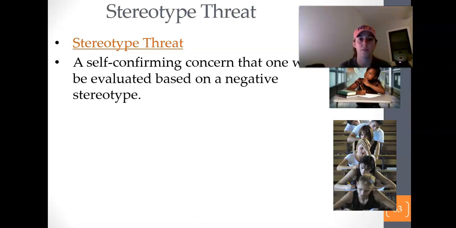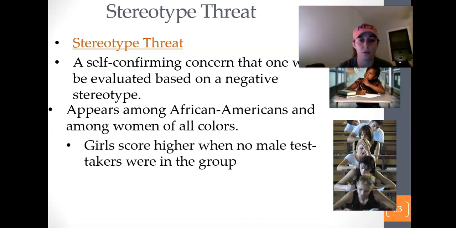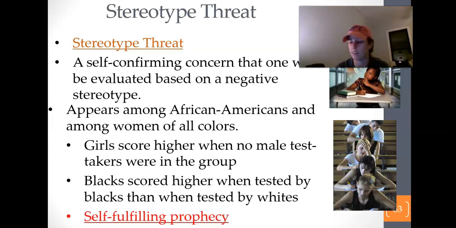The self-confirming concern that one will be evaluated. We talked about how girls score higher when there are no males around, and Black students scored higher when tested by Black examiners. There's this looming threat that is hard to fight, but it can be fought, and it's related to self-fulfilling prophecy.